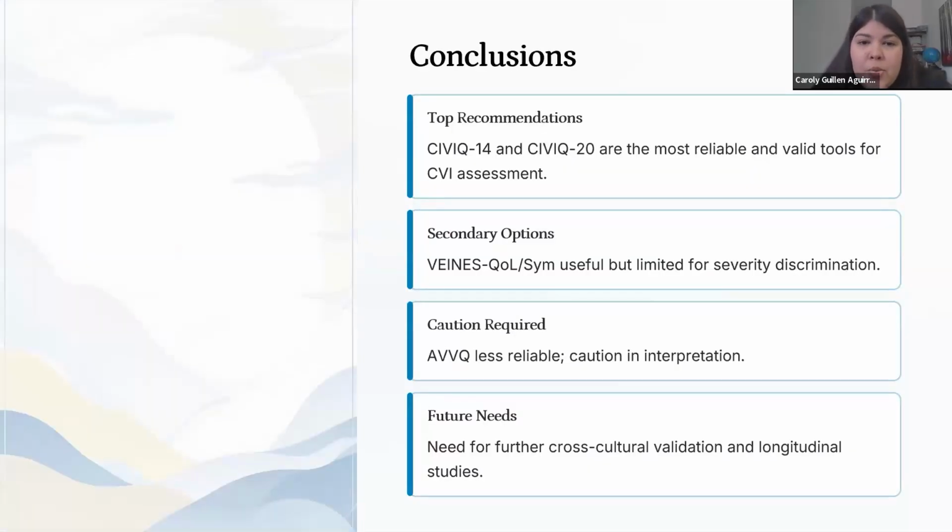The top recommendations were CIVIQ-14 and 20 as the most reliable and valid tools for chronic venous insufficiency assessment. The secondary options were VEINES quality of life symptoms, useful but limited for severity discrimination, and caution was required as the Aberdeen was less reliable, with caution in interpretation. And of course, they show the need for further cross-cultural validation and longitudinal studies.